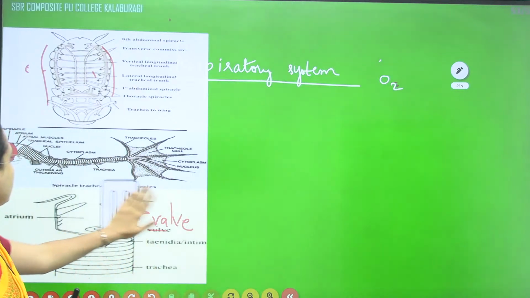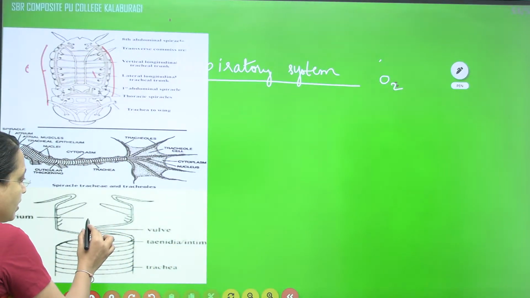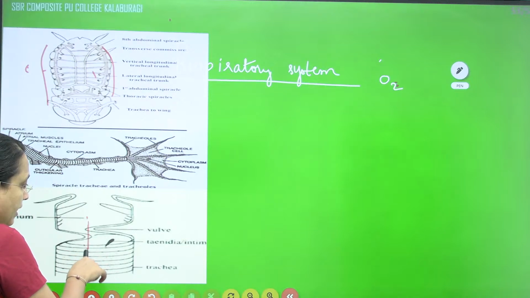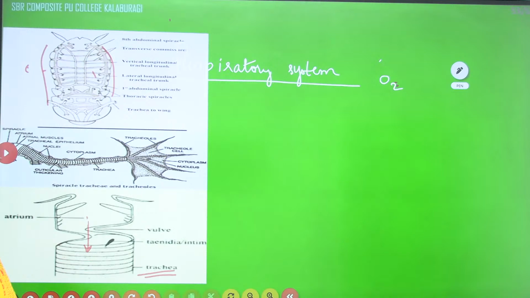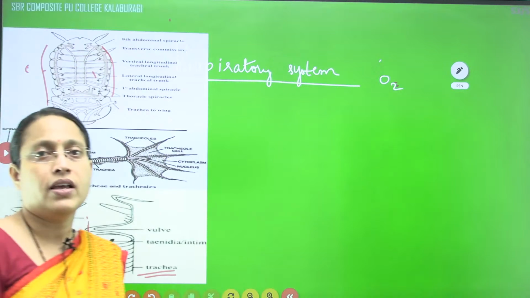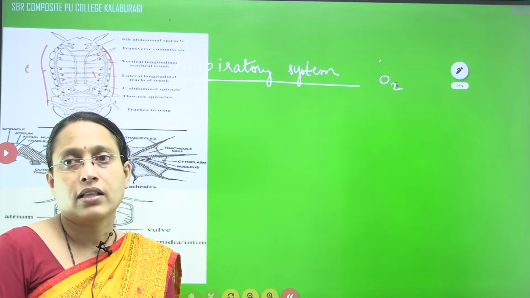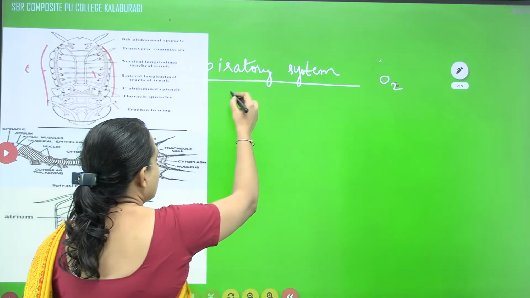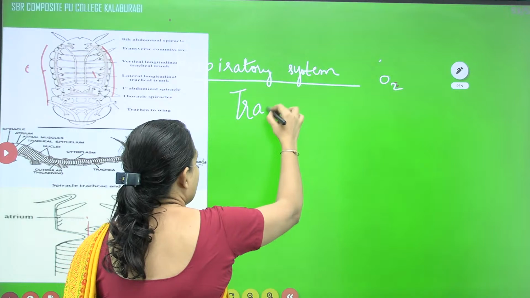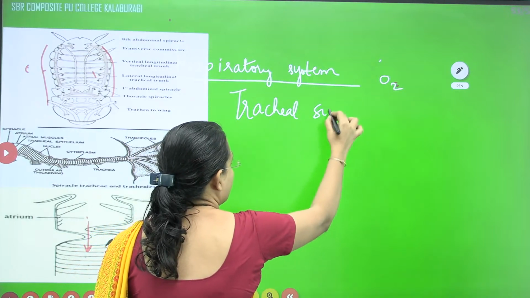Now spiracles lead to a structure called trachea, once the atrium ends. The network of these tracheal tubes is a system of air tubes present in cockroach, so the cockroach is said to have a tracheal system of respiration.